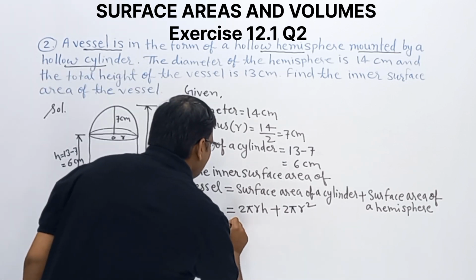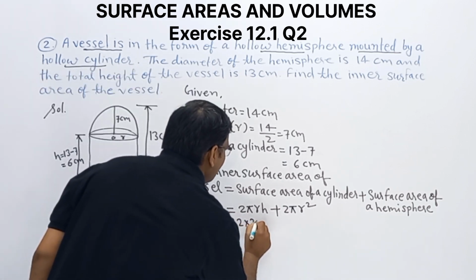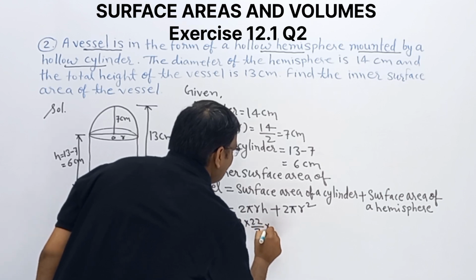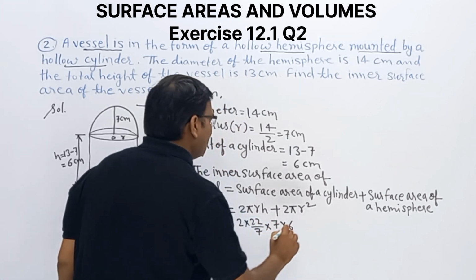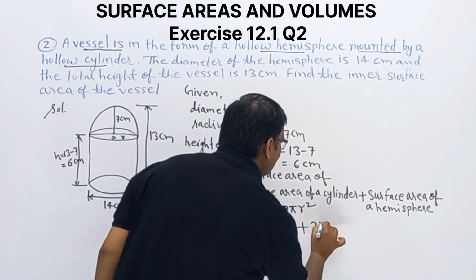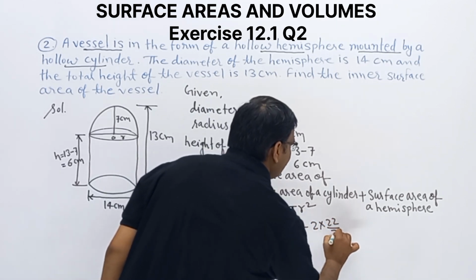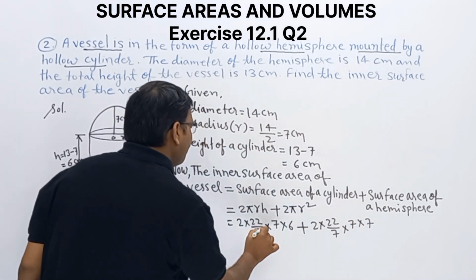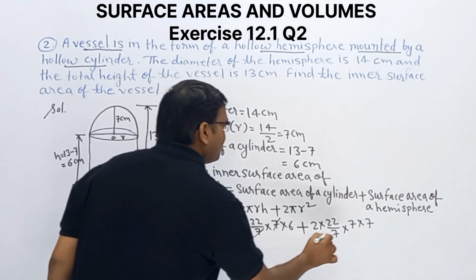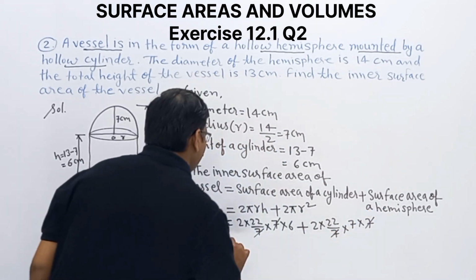So we will put the values. 2 into 22 by 7 into r, which is radius 7, h is height 6, plus 2 into 22 by 7 into r, which is 7 into 7. Solve. This 7 will cancel with this one, and this 7 with this one.